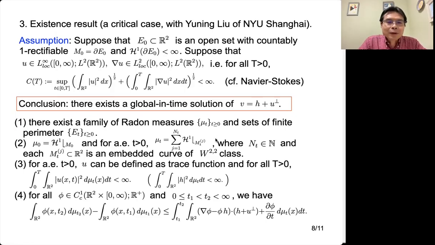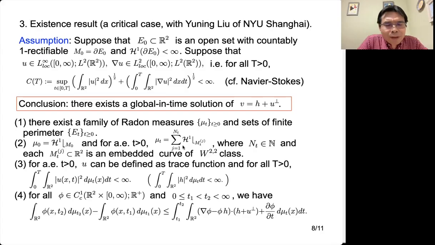So I probably don't want to repeat the whole thing, but again, we have a family of, in this case, a one-dimensional curve, one-dimensional measure, mu t, and also a set of finite perimeter, E t. And initially, you have the prescribed measure.